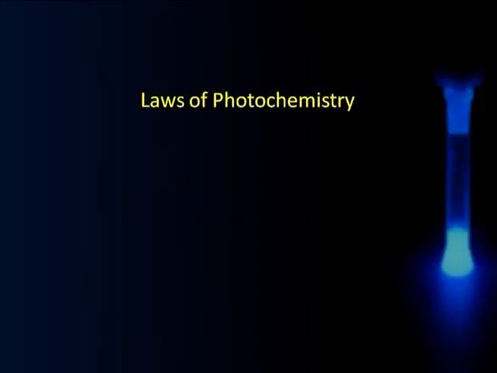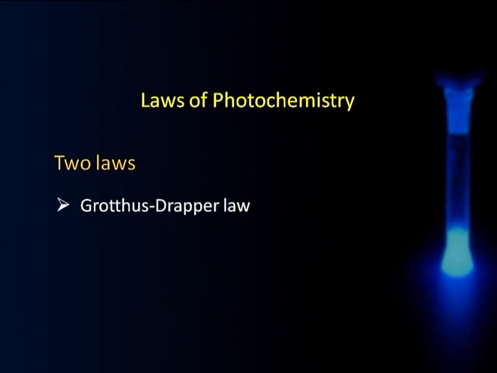Let us touch upon what these laws are. Broadly speaking, there are two fundamental laws. The first is Grotthuss-Draper's law, and the second is Stark-Einstein's law. They are very crucial laws. Today they may appear trivial, but at the point of time they were given, they were really very relevant. Let us take them one by one.